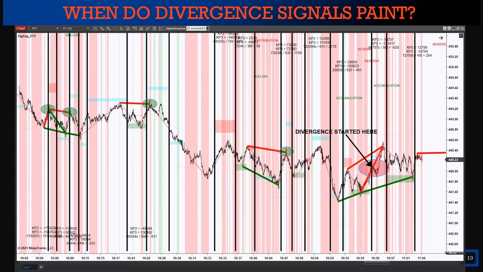So a divergence remained this entire time from where we got the signal to where it eventually peaked right there. So where you see that I placed the black lines, that's where we have a new zigzag. And where we have a new zigzag, that's where the divergence indicator will start looking again for any divergences.